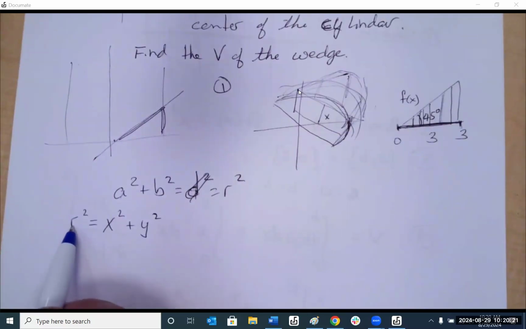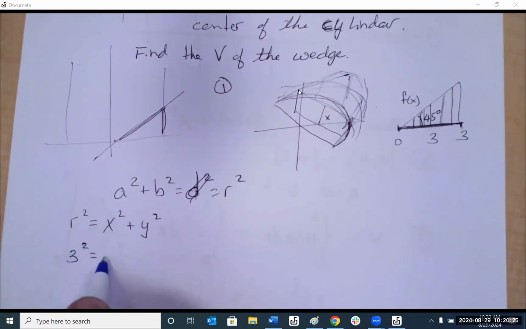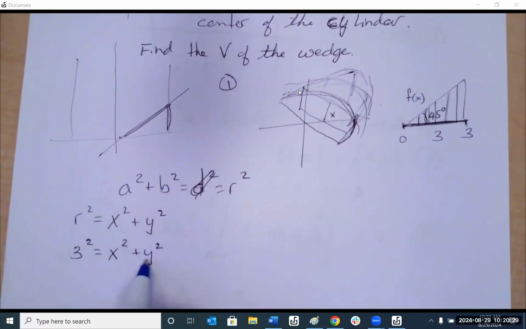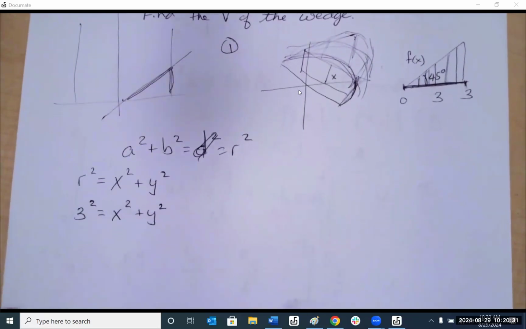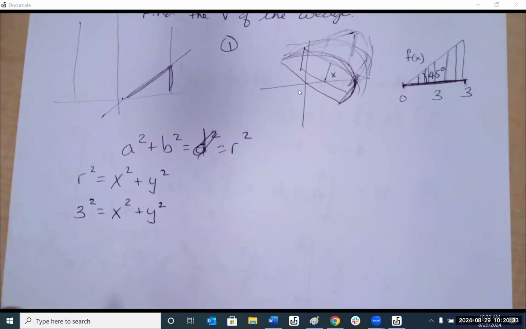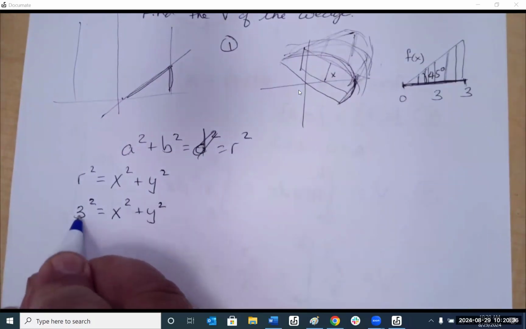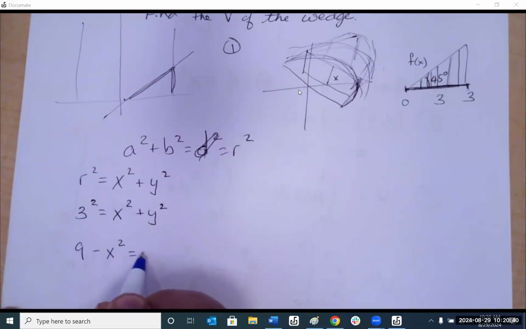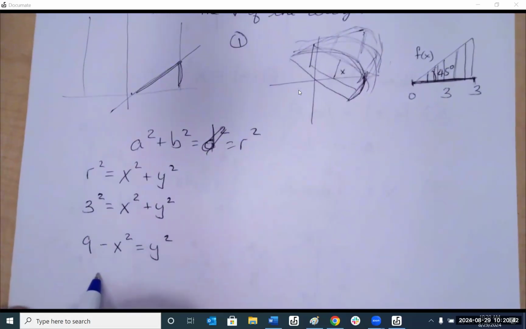So the radius, do you know the radius? 3. Solve for y. So we have 9 minus x squared equals y squared.